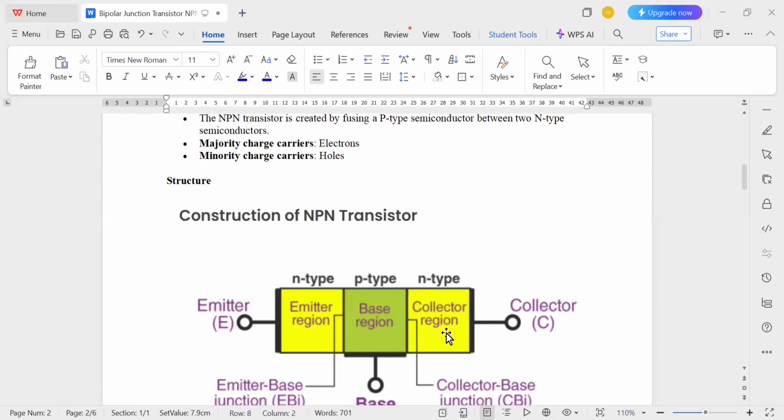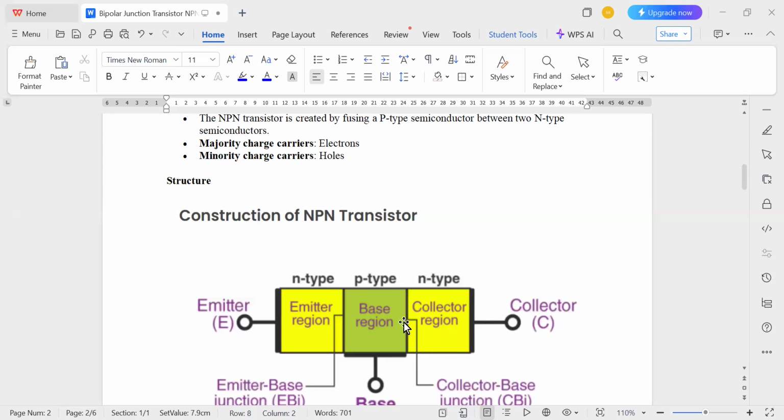Next is the collector. The collector is moderately doped. The emitter is heavily doped, the collector is moderately doped. Moderately means lesser than the emitter, but more than the base. This allows it to collect the carriers effectively from the emitter through the base.